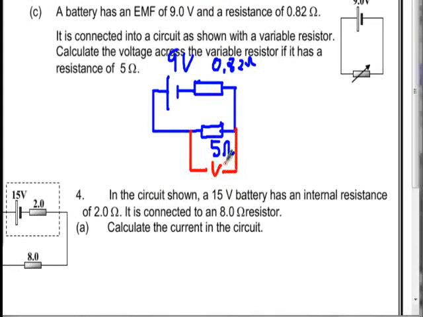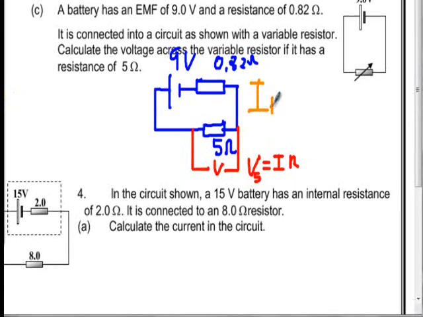So in order to find that voltage, the voltage across the 5 ohm resistor is simply the current going through the 5 ohm resistor times the resistance. So we need to calculate the current. In order to know the current, we need to know the total resistance. So I total equals voltage total, or supply voltage, divided by the resistance total.